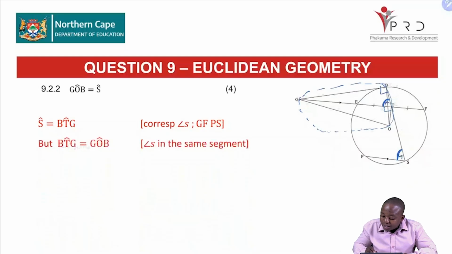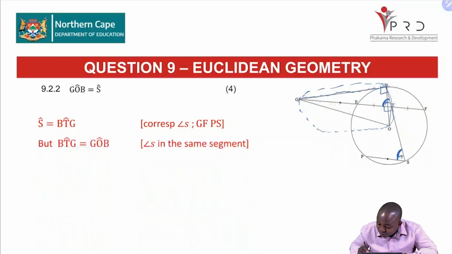BTG is equal to GOB. Why? Because these are the angles in the same segment. Remember, OTGB is our cyclic quad, as we have proven in the previous question.